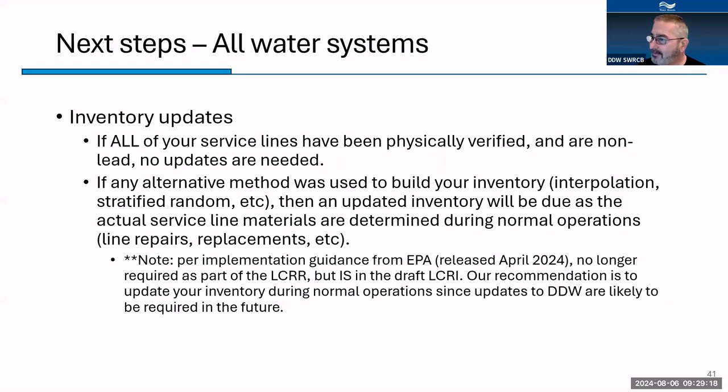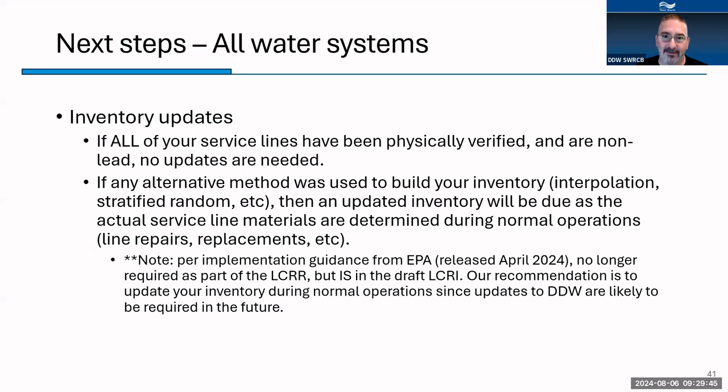If any alternative method was used to build your inventory, an updated inventory will be due as the actual service line materials are determined during normal operations, such as line repairs and replacements. So this was per the EPA's guidance that was given to us in April 2024. The updates are not required as part of the LCRR any longer, but in the draft LCRI, it is required.